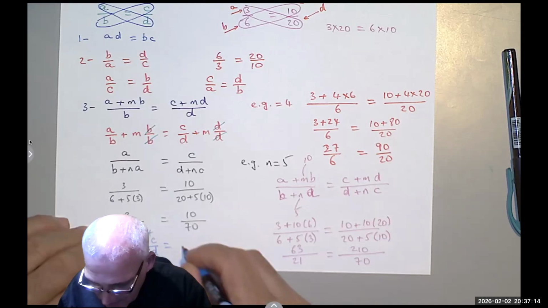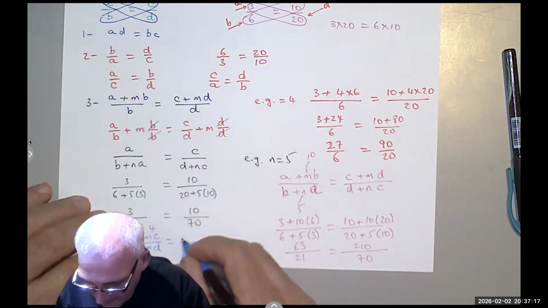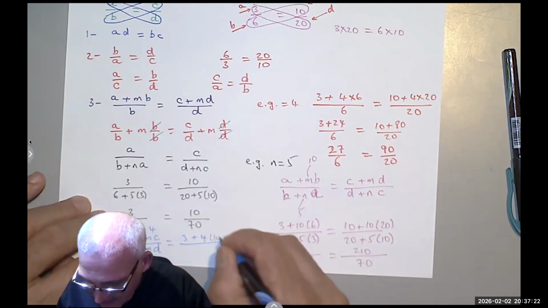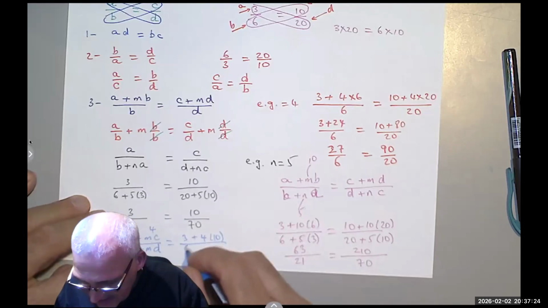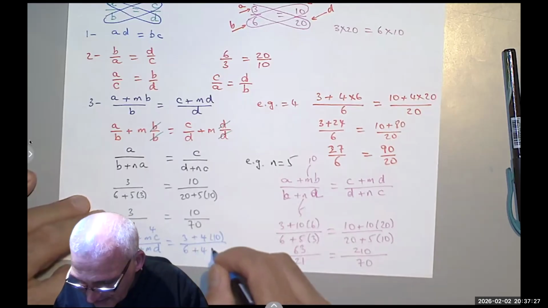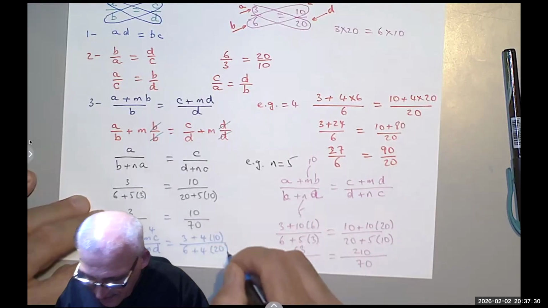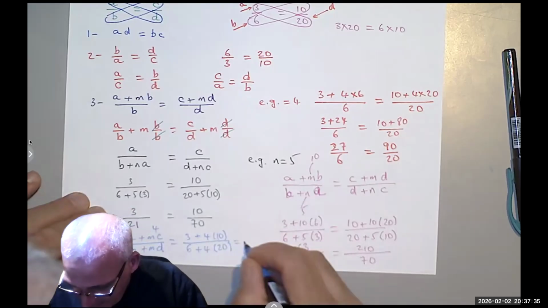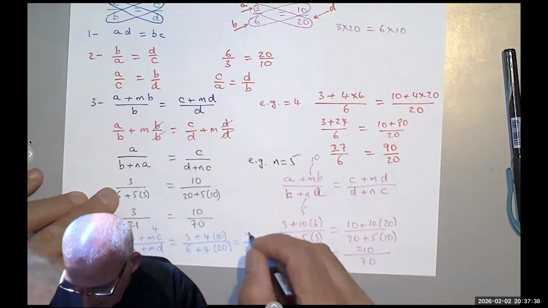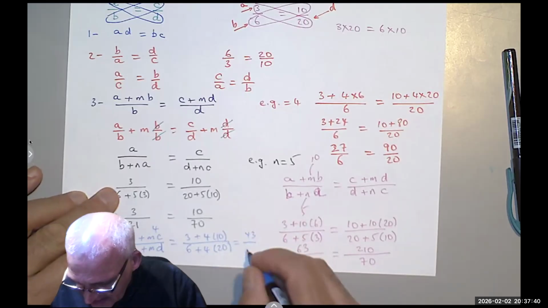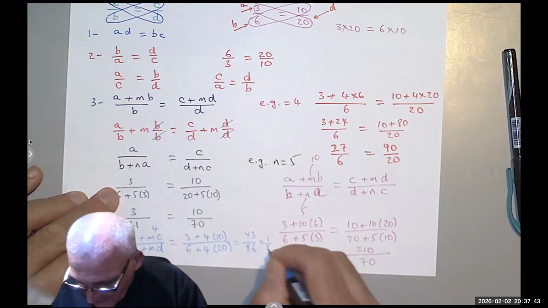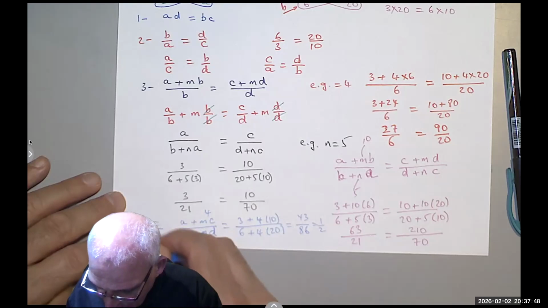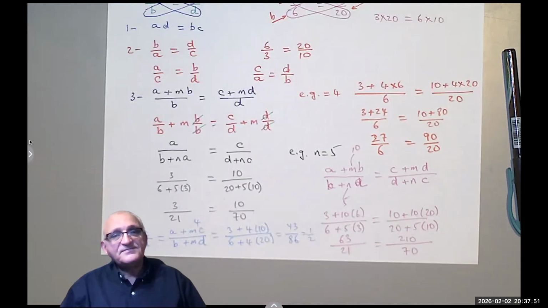So this would be 3 plus 4 times 10, and this is B, which is 6 plus 4 times 20. The numerator is 43, 40 plus 3. The denominator is 80 plus 6, which is 1/2, which is the same as A over B, is the same as C over D, is the same as that.